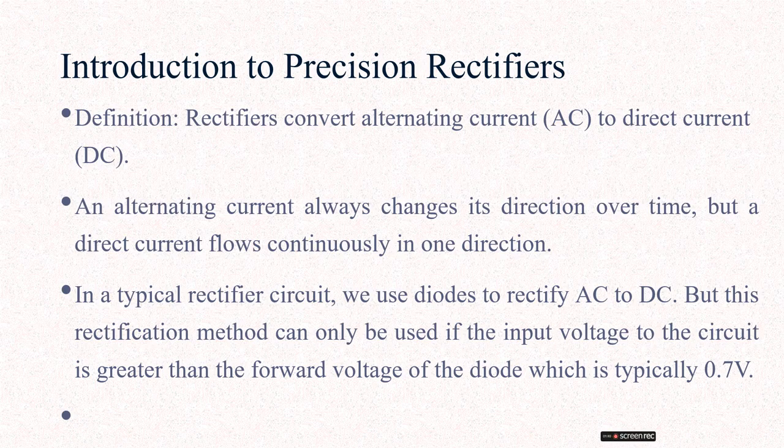To overcome this issue, we use precision rectifier circuits. A precision rectifier circuit also converts AC to DC, but in a precision rectifier, we use an op-amp to compensate for the voltage drop across the diode.